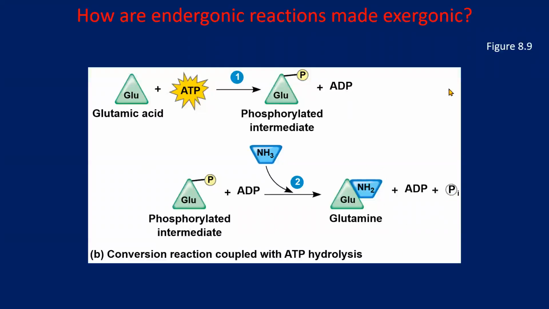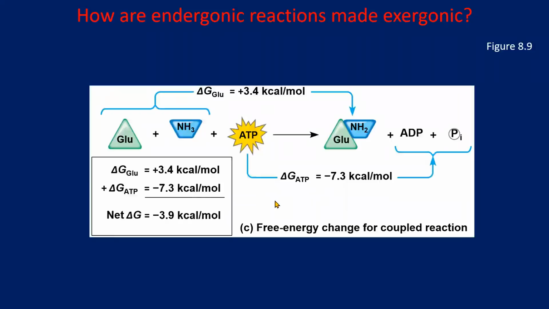So in this example, the conversion is happening with the help of ATP. When you think about these molecules, the change in free energy for glutamine formation, delta G, is plus 3.4, and the change in free energy for ATP hydrolysis is minus 7.3 kilocalories per mole.